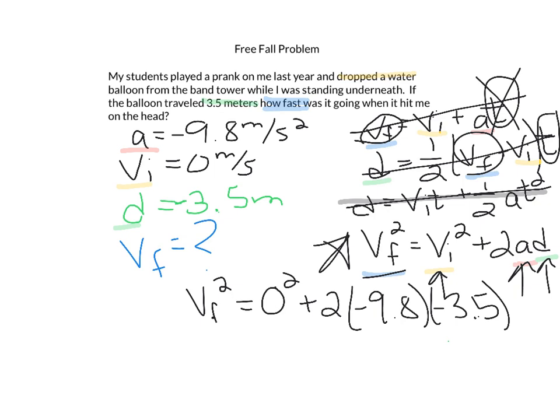Okay, so now I'm going to simplify. I have VF squared. My 0 squared, guys, that's just 0, so let's ignore it. 2 times negative 9.8 times negative 3.5 is 68.6. But I want VF, I don't want VF squared. So to get rid of that squared, I have to take the square root of both sides.